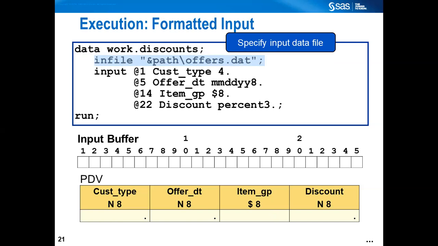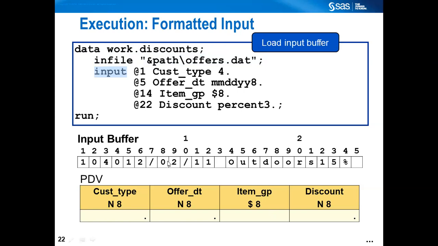It just locates it; it's not reading the raw file record at this point. Infile is just an instruction or direction of where your raw file is located. When it encounters the input statement, only then is the first record of your raw file read into the input buffer. Hence it's called load input buffer when it encounters the input statement.